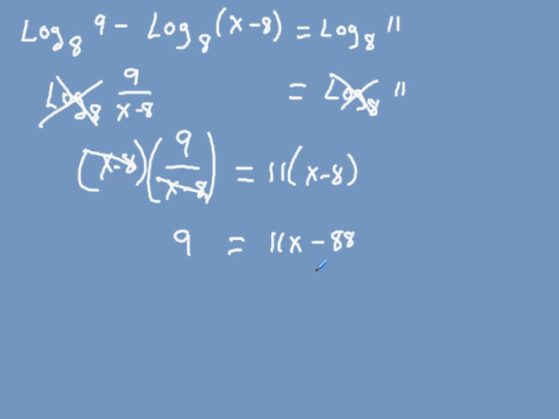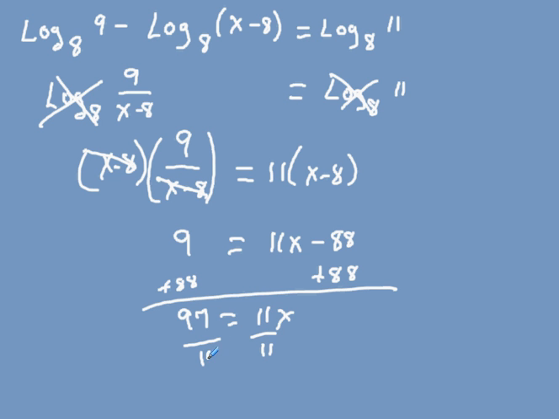Next step is to add 88 to both sides. That gives you 97 is equal to 11x. Divide by 11. Your final answer then is x is equal to 97 over 11.